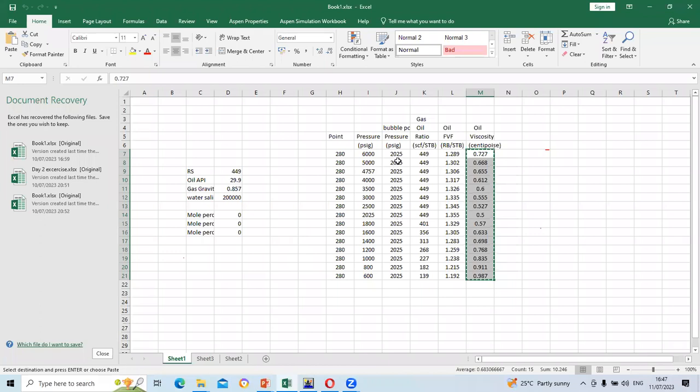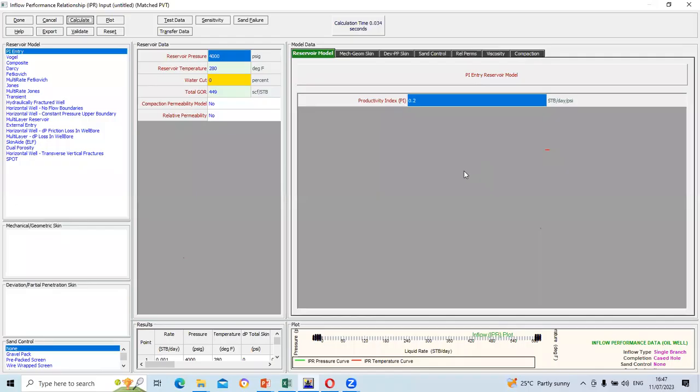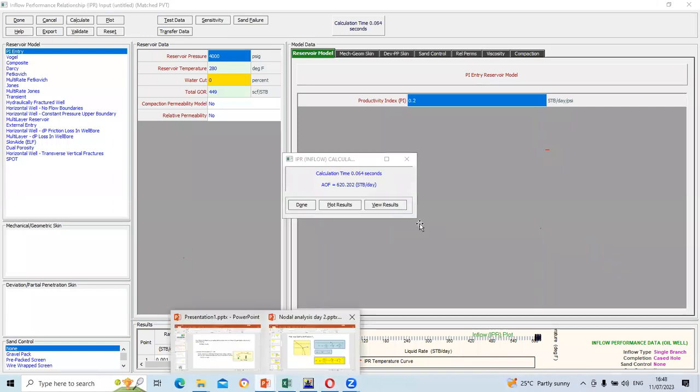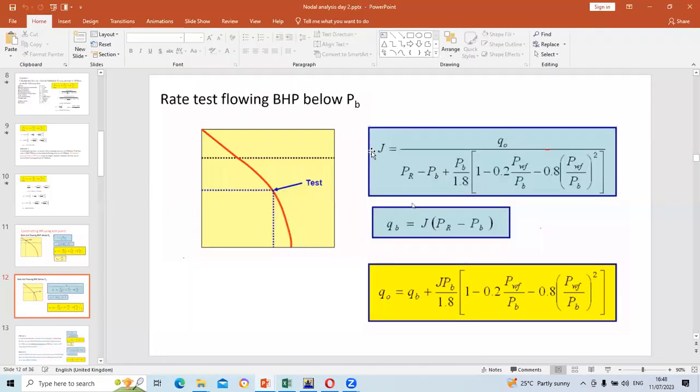So immediately the pressure drops below the bubble point, the software is predicting that, even though it's using the PI, the linear IPR model cannot hold. You cannot have the linear model again. That's why you are now seeing the curvature. But in this case, we will have just our productivity index, just our J value that we had in the calculation. This is what we call productivity index, this J.